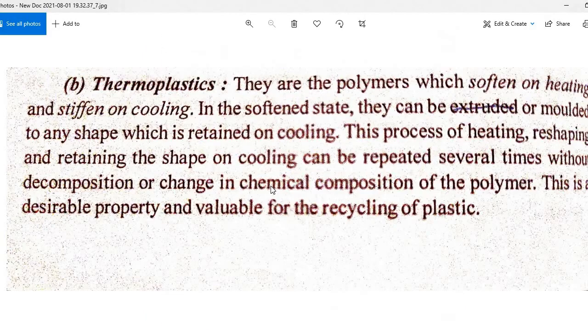Now we'll see the next part in the classification based on general physical properties, that is thermoplastics. So what are thermoplastics?